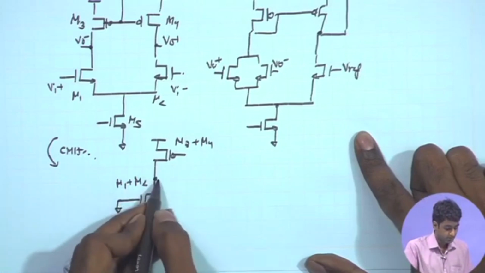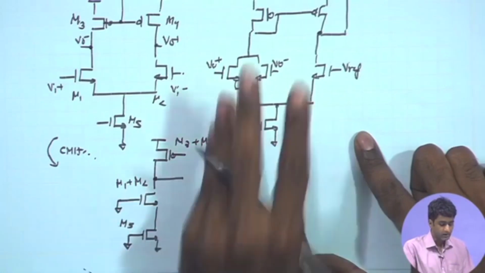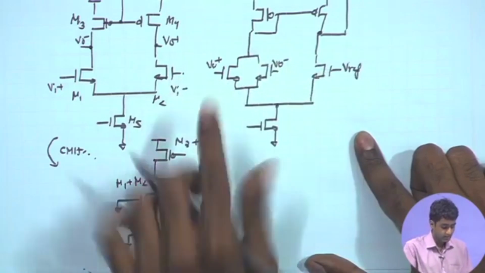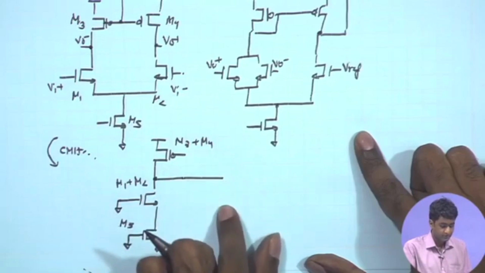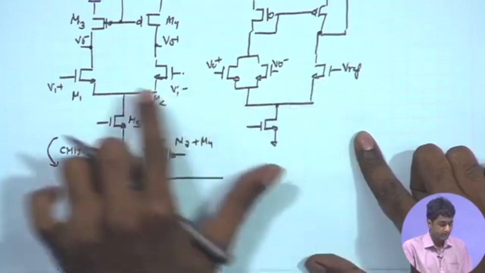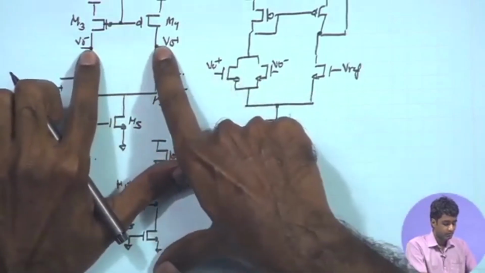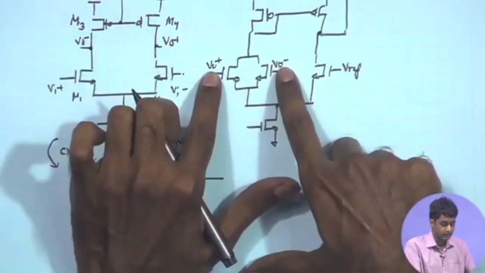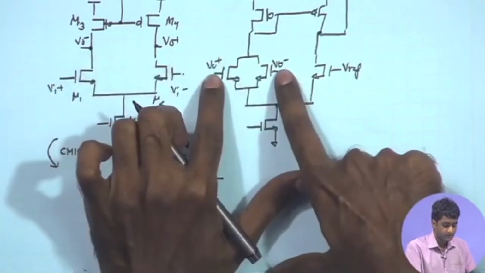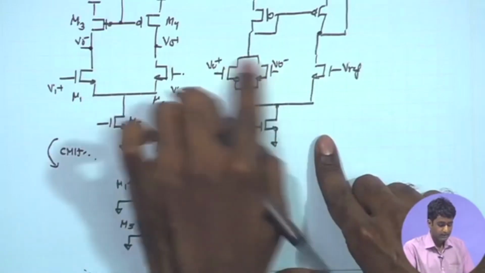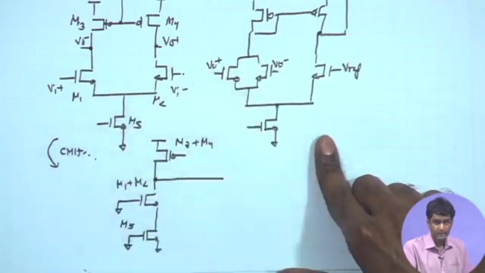Now, the output of this stage, as we know, is going to the error amplifier. So, basically I can put a symbol for this error amplifier. Now, if you look at the common mode DC point, that is, both outputs over here tied together, therefore, both these potentials are also going to be the same, and therefore, if I look at these two transistors, they have the same gate, drain and source potential.